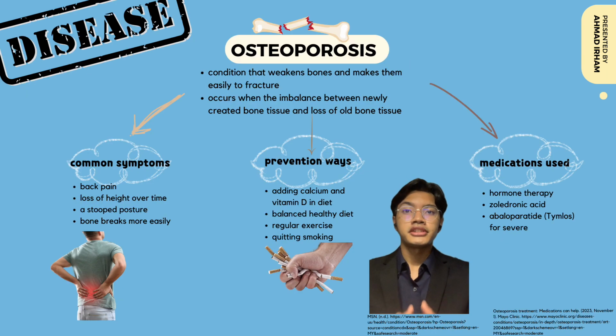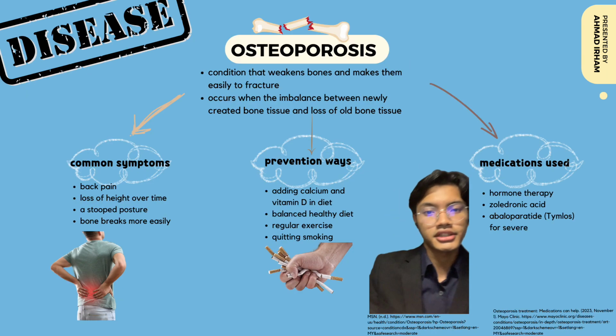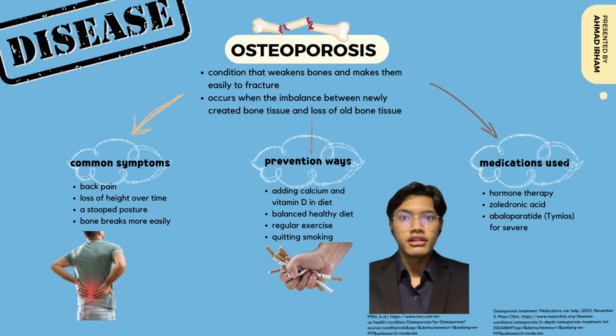This will be the interesting part of this presentation, which is the related disease to the bone. One of the common diseases related to the bone is osteoporosis, the condition that weakens the bone and makes it easy to fracture. In a simple way, it is fragile.